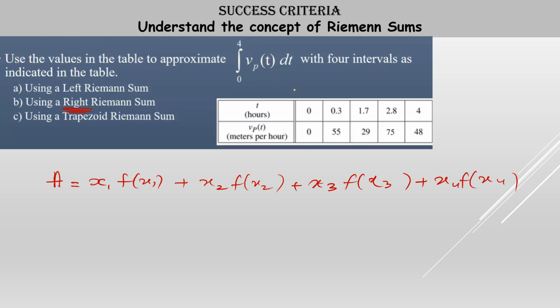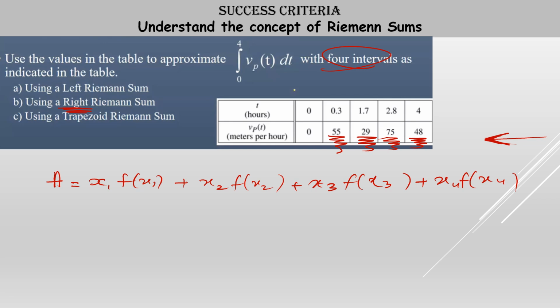But when calculating the right Riemann sum, you have to take the points from right to left, for the 4 subintervals.